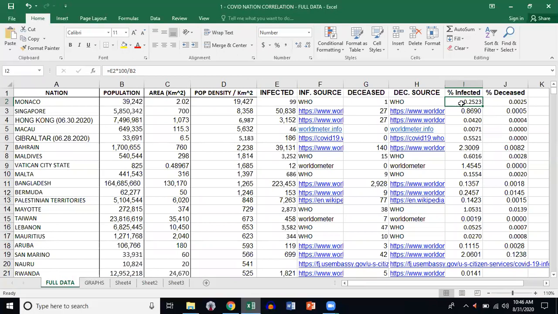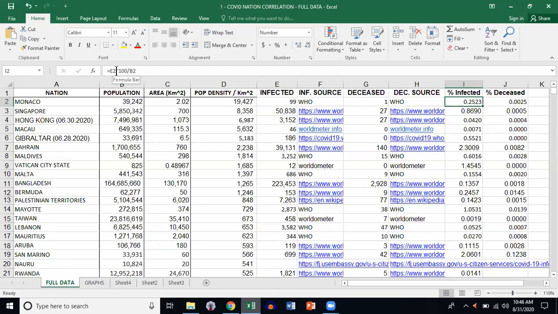All right, so clicking in the cell gives us a function. And we see that it is cell E2, which is number of infected, and row 2, which is Monaco, the number of infected of Monaco, and then times, which is the asterisk above number 8, right?